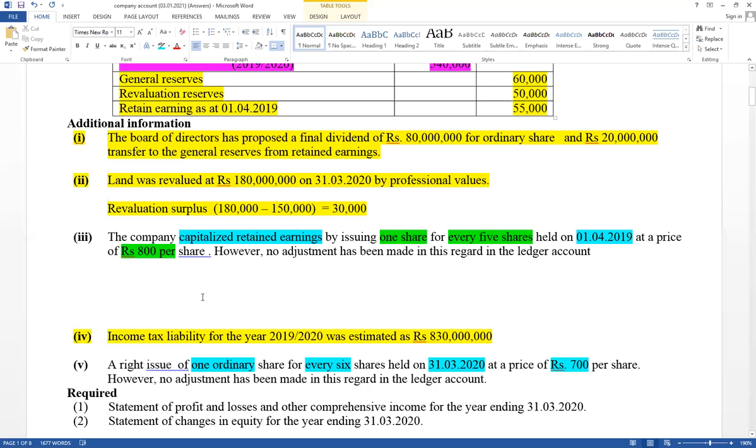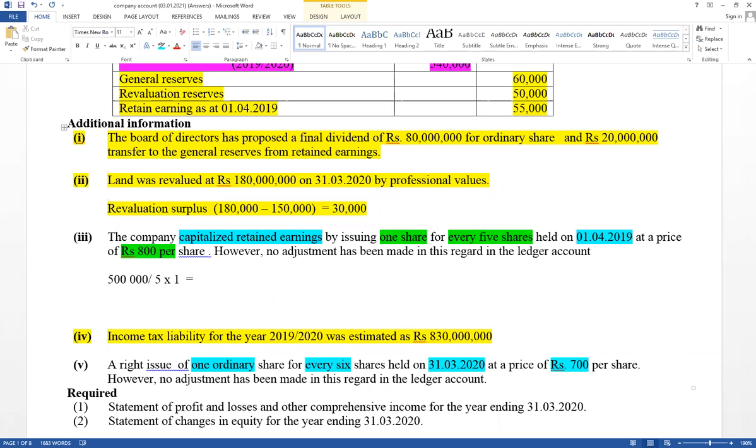Therefore, company again is going to issue one share for every 5 shares. Think how to calculate value. Number of shares available in trial balance 500,000. Again, company is going to issue one share for every 5 shares. Therefore, divide by 5 into 1.